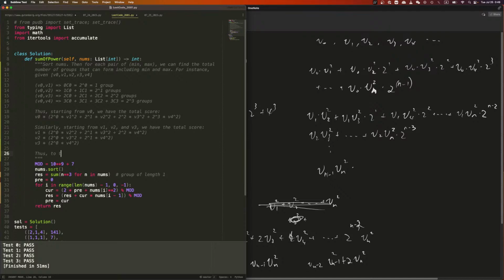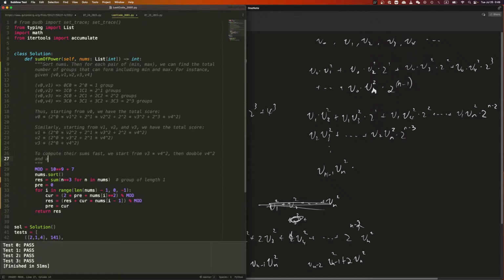Thus, to compute their sums fast, we start from V4 squared. Right? We start from V4 squared. We start from V3 times V4 squared. Then double V4 squared. Then double V4 squared and add V3 squared.